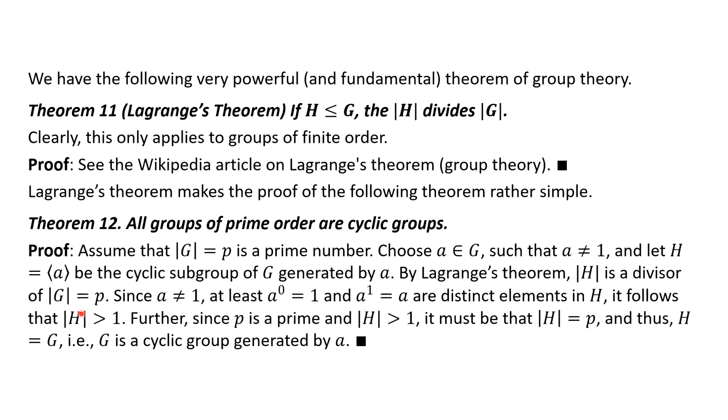So it follows that the order of H is greater than 1. Further, since P is prime and the order of H is greater than 1, and from Lagrange's theorem, the order of H needs to divide P, the only choice is that the order of H is P, and thus H is all of G, and that of course means that G is a cyclic group generated by A.